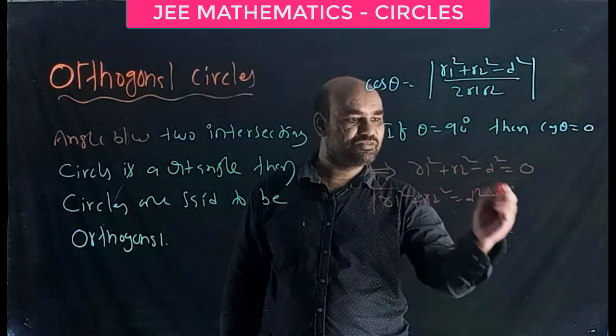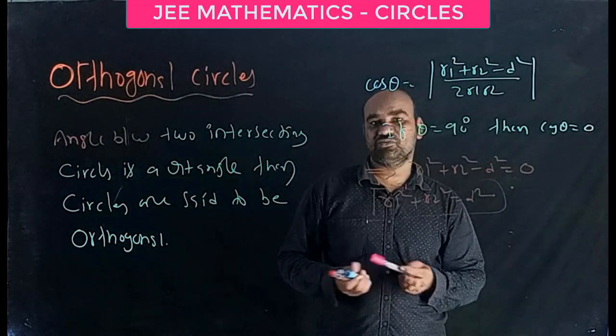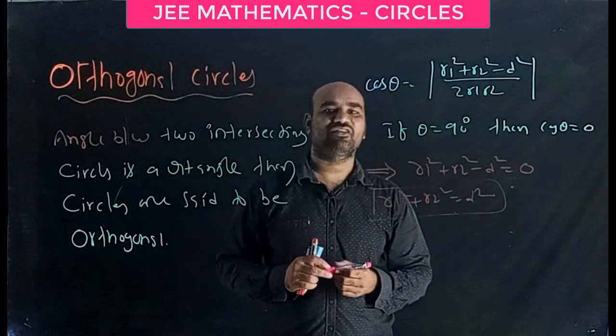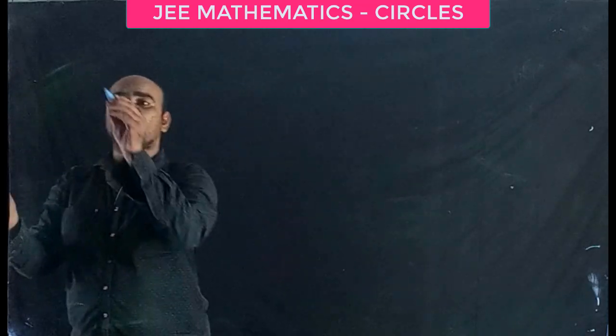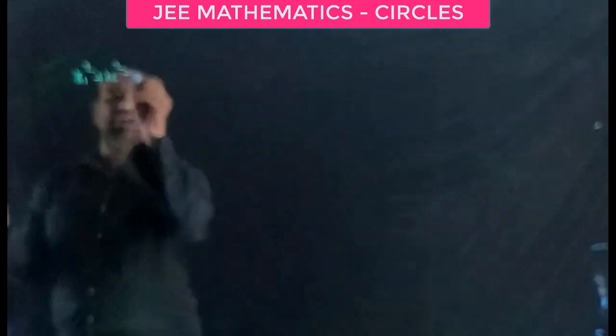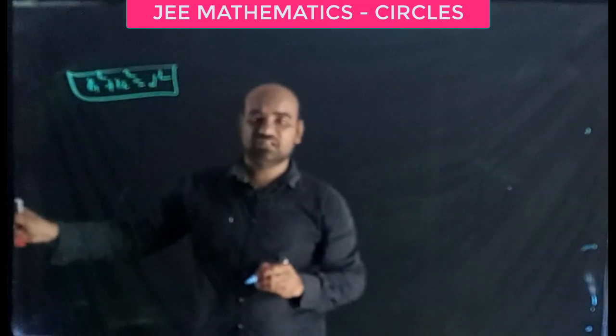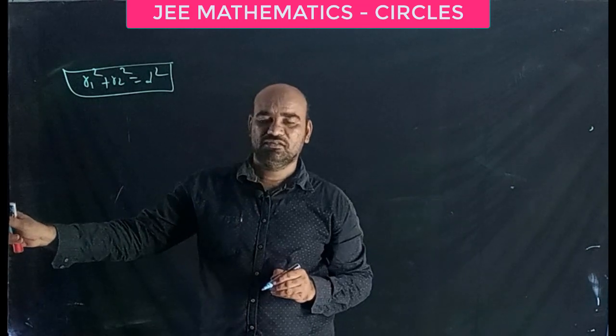This is the algebraic rule between the radii and the distance between centers, so that the circles are orthogonal. Okay students, just now I proved that R1 square plus R2 square equals D square is the condition for two intersecting circles to become orthogonal.